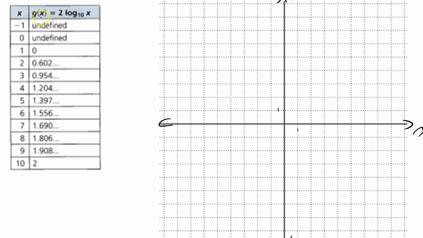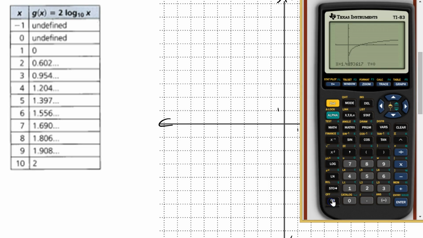So again, when we have g of x equals 2 log base 10 of x, or just 2 log x, we can put this into our calculator. I'm going to go y equals, and graph 2 log x. So remember, 2 log base 10 of x is the same thing as 2 log x. Let's graph it. See how it looks a little bit different.